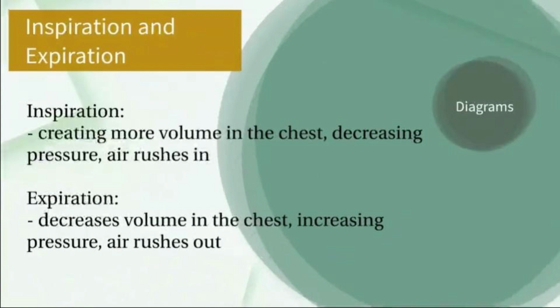So I'll refer you first to the first diagram, which actually shows you where those intercostal muscles and the diaphragm are. So the first picture, firstly, you can see this is an image of the left lung surrounded by the rib cage. And you can see the left lung is the greyish structure sitting pretty high in the body. And you can see the intercostal muscles in between the ribs.